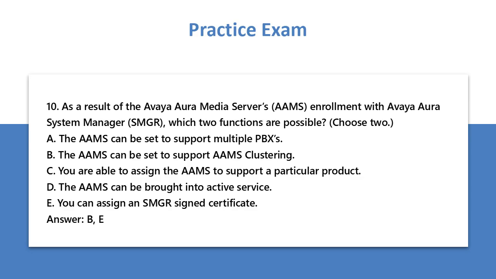B. The AAMS can be set to support AAMS clustering. C. You are able to assign the AAMS to support a particular product. D. The AAMS can be brought into active service. E. You can assign an SMGR signed certificate. Answer: B, E.